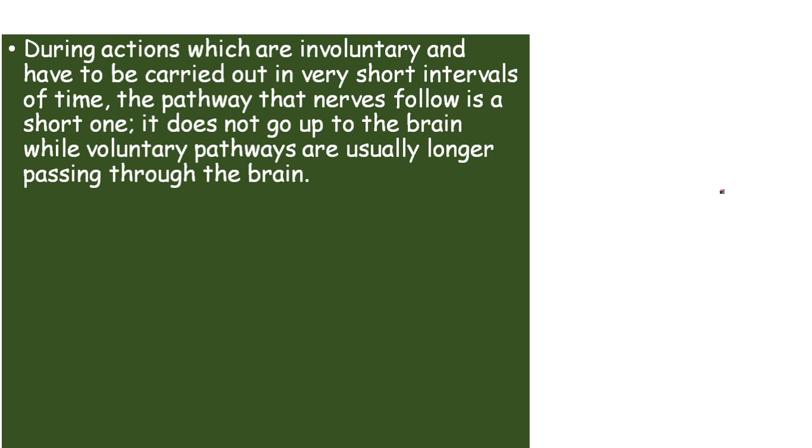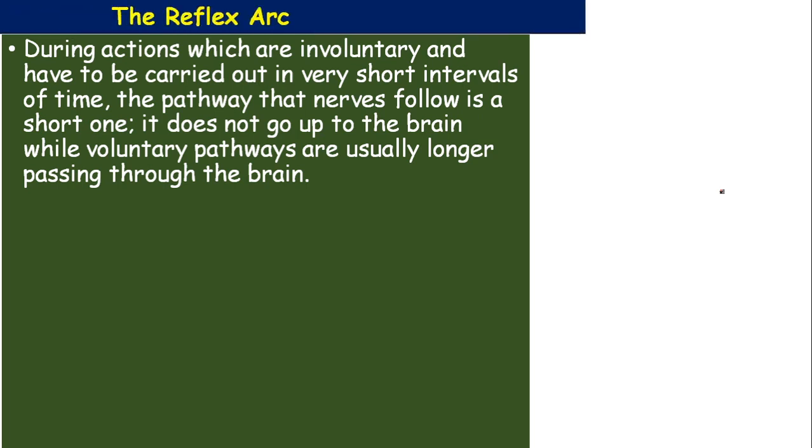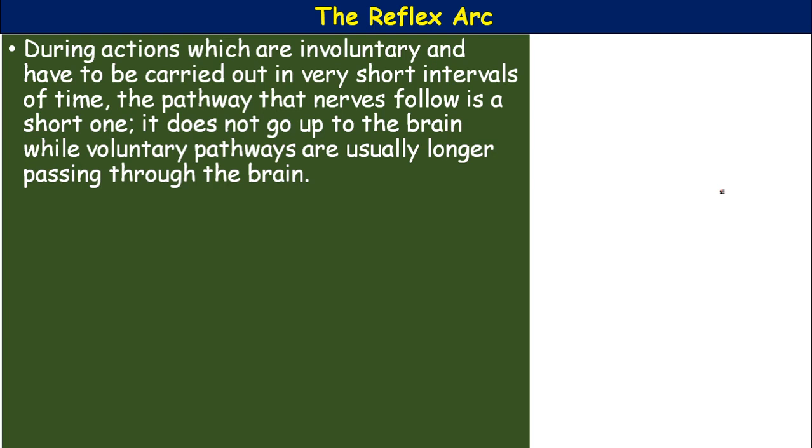During the actions which are involuntary and have to be carried out in very short intervals of time, the pathway that nerves follow is a short one. It does not go up to the brain, while voluntary pathways are usually longer, passing through the brain.